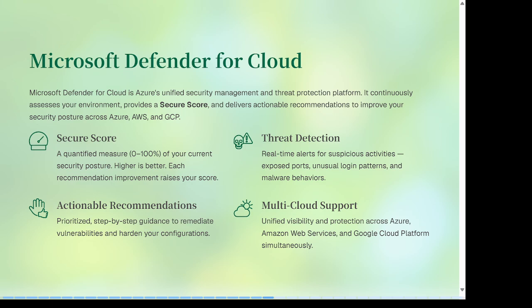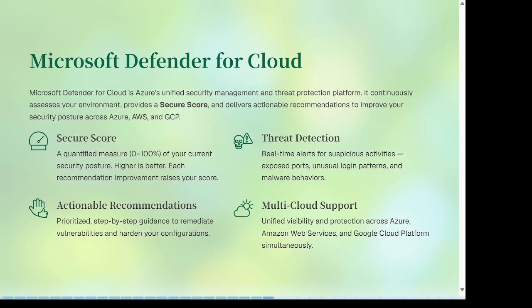It is Azure's unified security management and threat protection platform. It continuously monitors your cloud environment and helps you understand what is secure, what is risky, what needs improvement. So instead of reacting after a breach, Azure helps you stay ahead of threats.